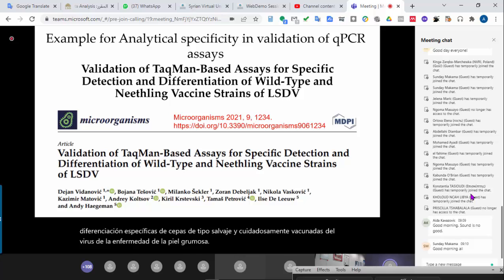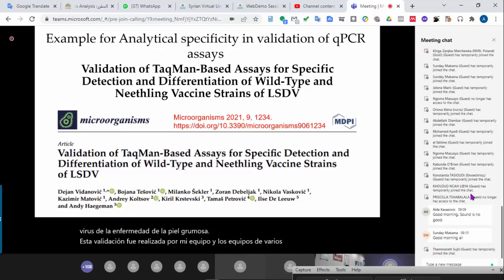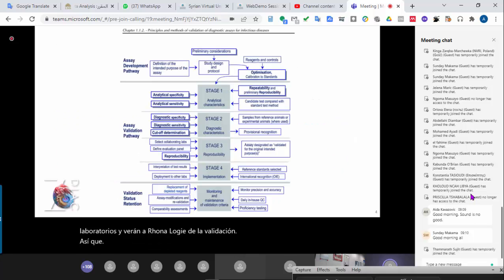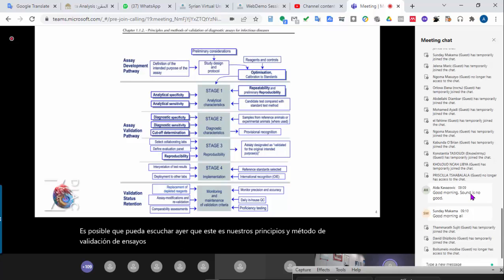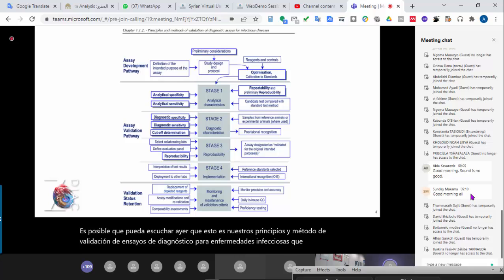This validation was done by my team and teams from several other laboratories, and you will see the chronology of the validation. As you could hear yesterday, these are the principles and methods of validation of diagnostic assays for infectious diseases that are recommended by IAEA.